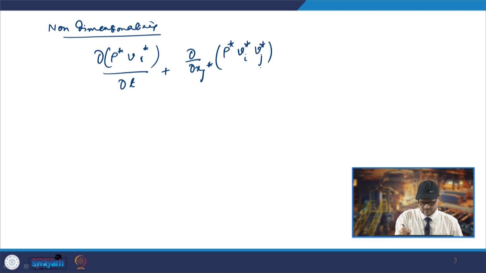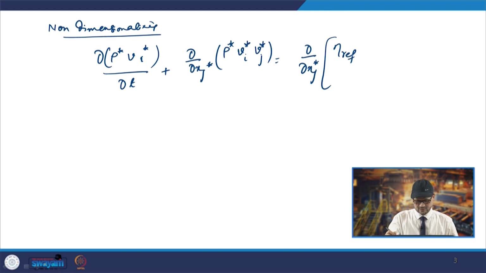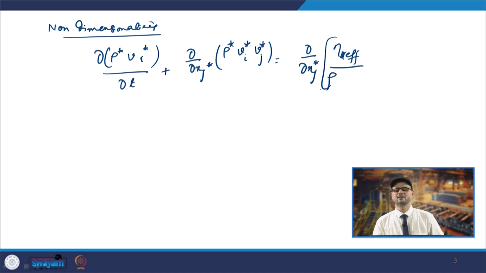So, these are the non-dimensional terms. Then that will be equal to dou by dou xj star of the effective viscosity divided by rho reference V L. So, that rho reference V L will be coming to this side. So, this is the effective viscosity divided by rho reference V L.